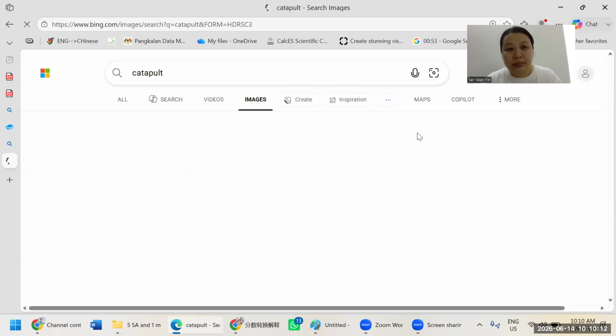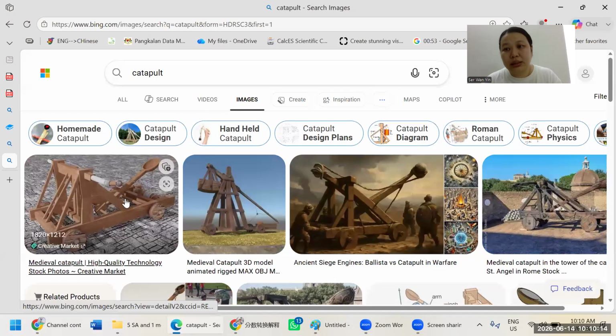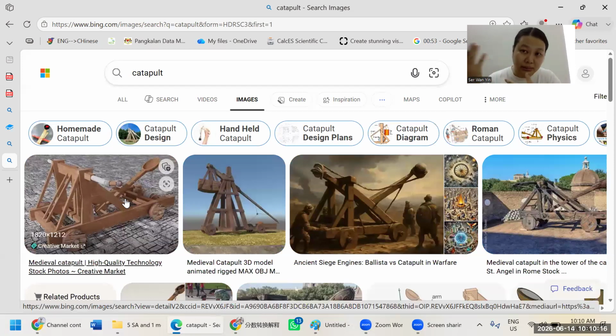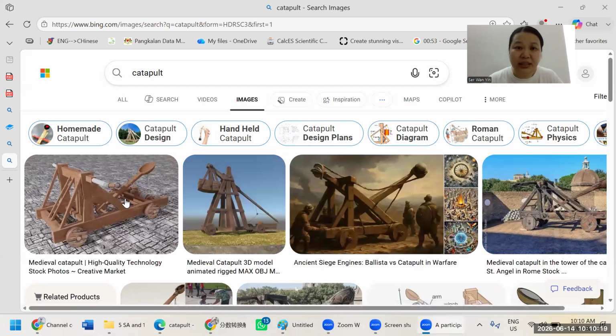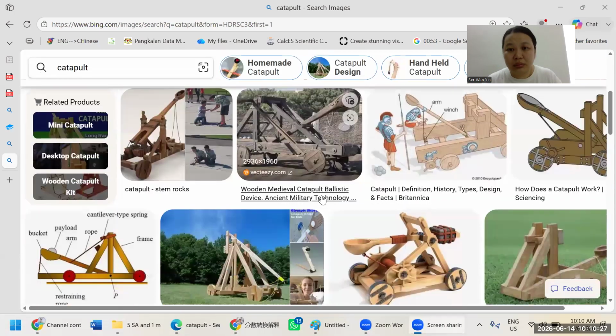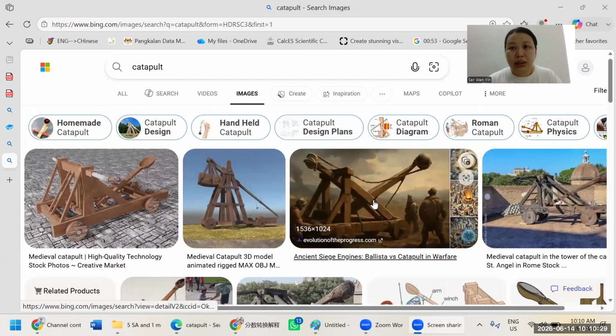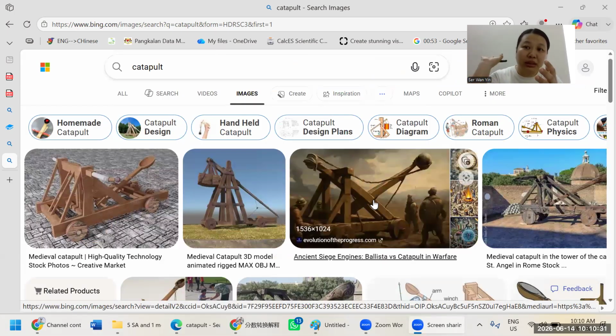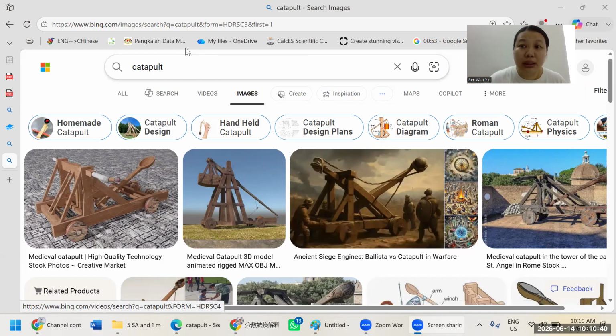Now this is the device. This is the device for catapult. It will produce a force, catapult out. Yeah, I think that day at the outreach program, everyone already knew the catapult field.